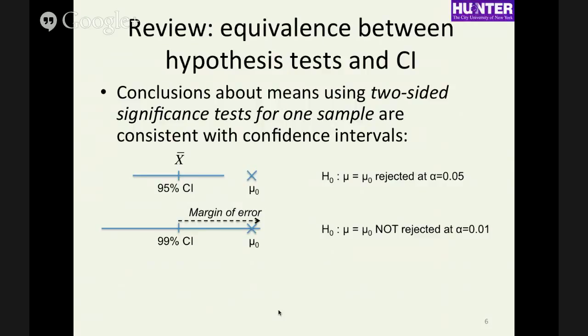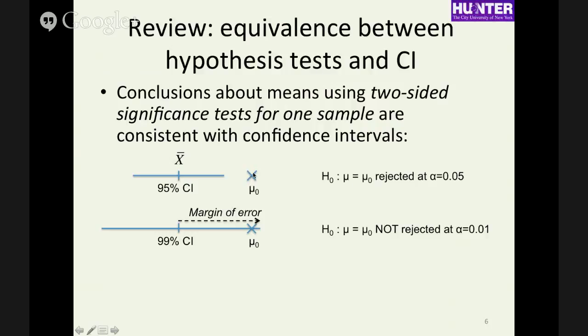And as I mentioned, the equivalence between hypothesis testing and confidence intervals. Here's a case. So here's the sample mean right in the middle of the confidence interval, and here's the mean under the null hypothesis.